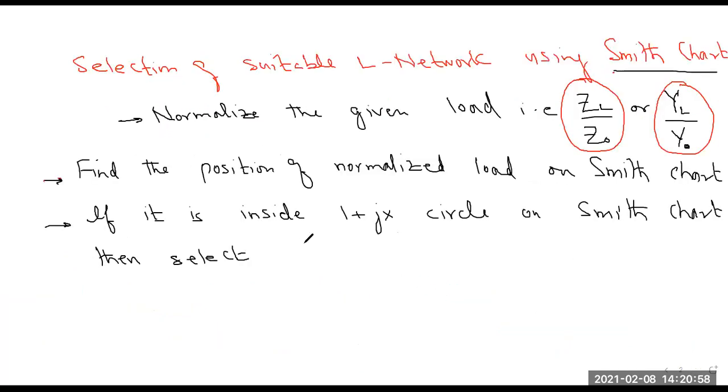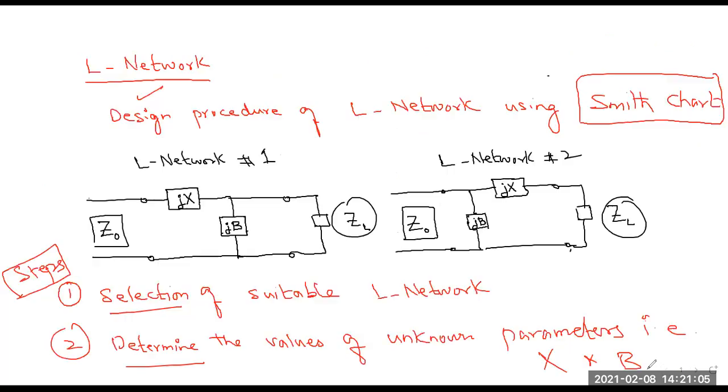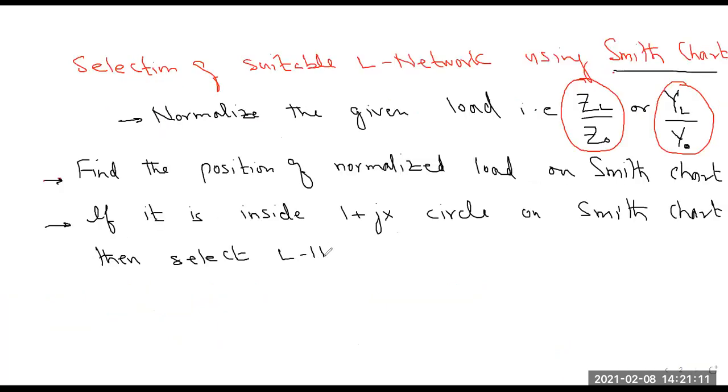So if you have this situation that the position of the normalized load is inside 1 plus jx circle, then you should select L network number 1. Let me write it down, then select L network number 1.